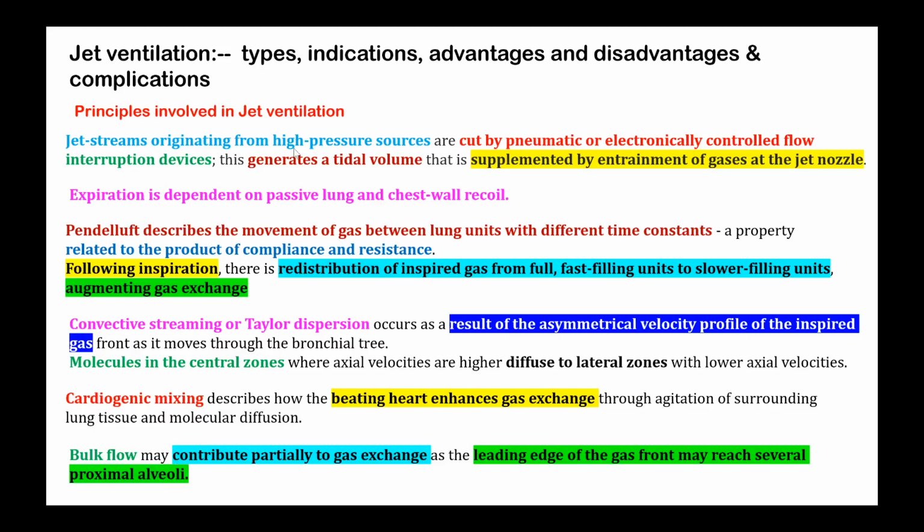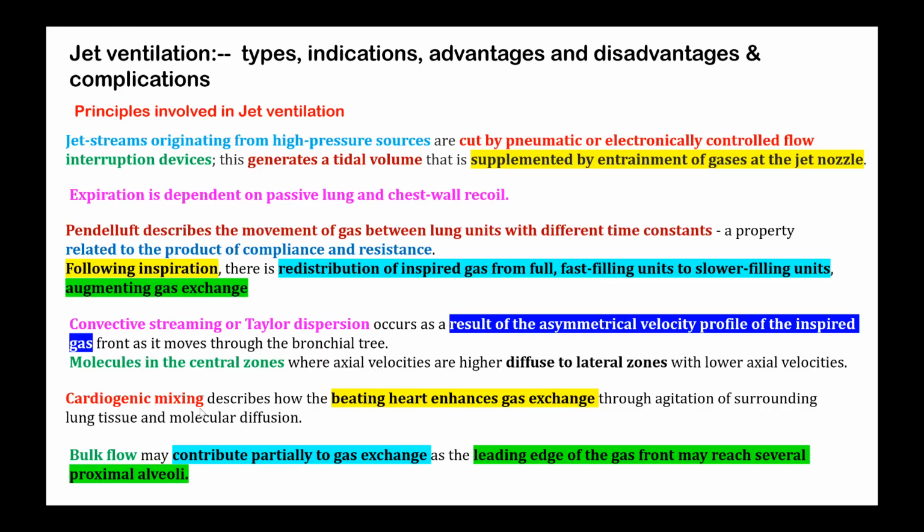One is the Venturi principle, which entrains extra air and increases the supply. Second is the pendelluft, which means gas flowing from one segment to another segment, and the convective streaming, where the gas goes in a laminar fashion, so the velocity will be asymmetrical between center and periphery.